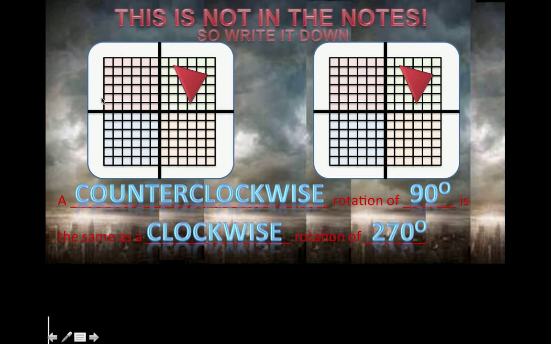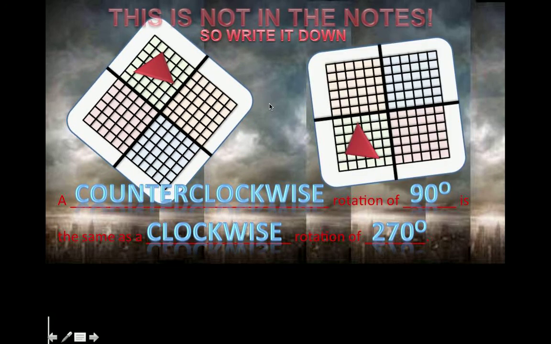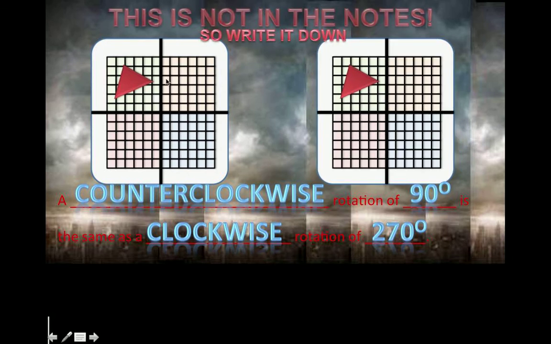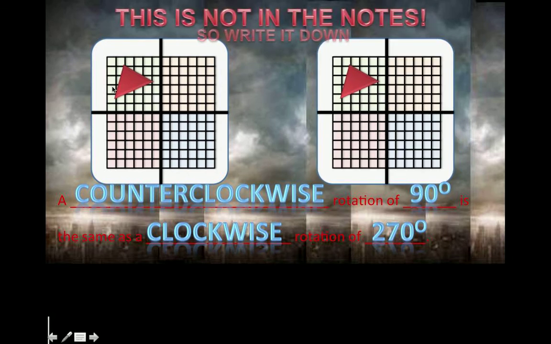So turning this one back 1/4 and turning this one forward 3/4 is going to get you to the same place. So you can kind of watch these right here. They're both going to spin. So we spun this one 1/4 of the way to the left. We spun this one 3/4 of the way to the right, and they end up in the same place.